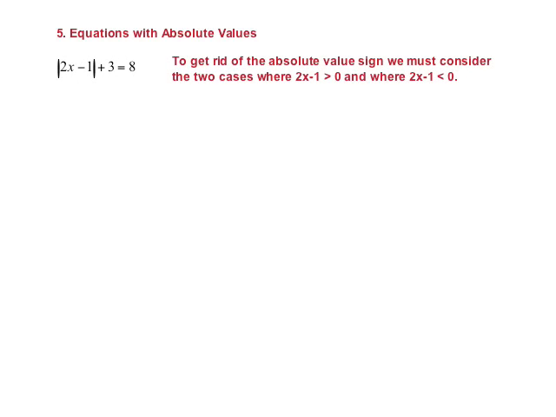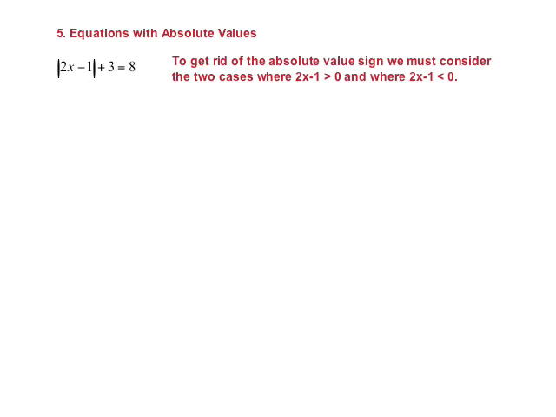Equations with absolute values. So we're going to take the absolute value of 2x minus 1, plus 3, is equal to 8. To get rid of the absolute value sign, we must consider the two cases, where 2x minus 1 is greater than 0 and where 2x minus 1 is less than 0. So these are the two cases that come from the definition.